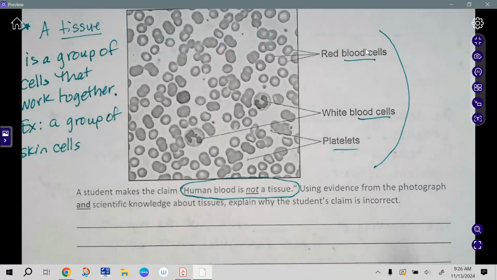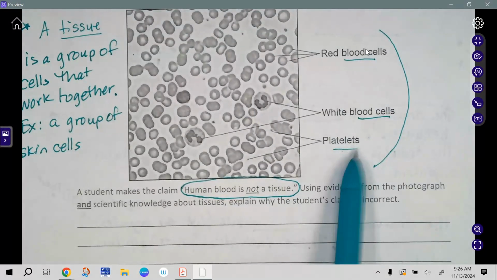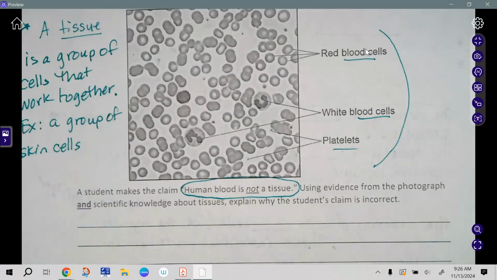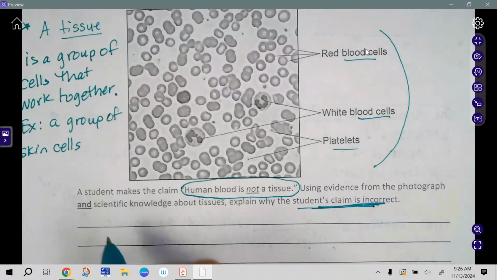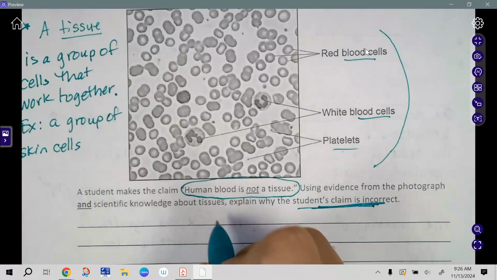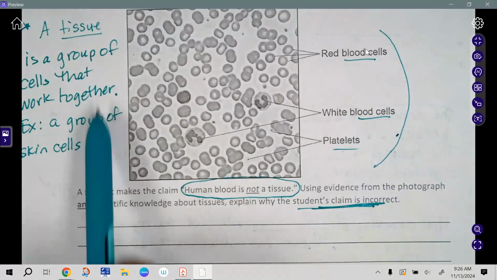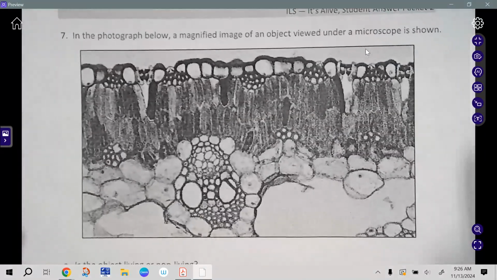So that's what you want to think about. So give evidence from the picture, tell me what you see, and tell me what you know about tissues, groups of cells working together, and explain why the student's claim is incorrect. So the student's claim is incorrect because, and then give me evidence from the picture and what you know about tissues.